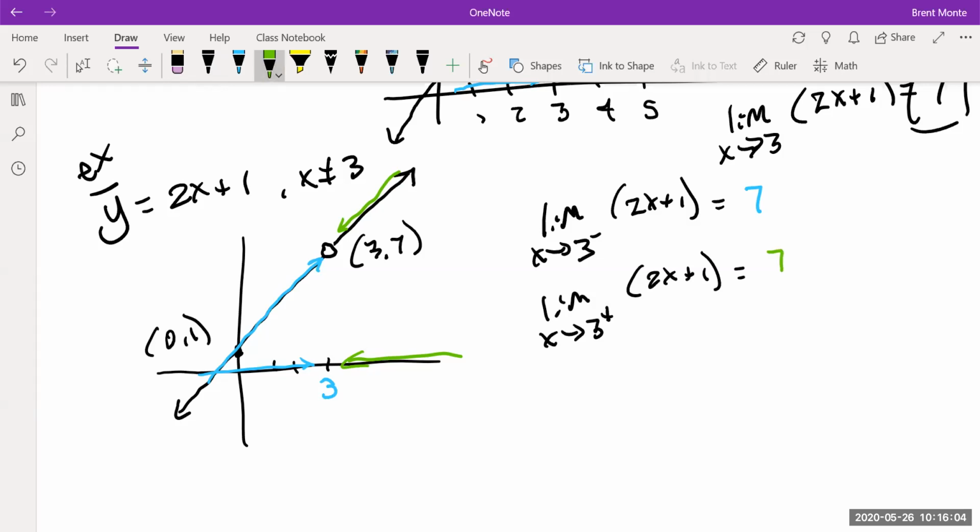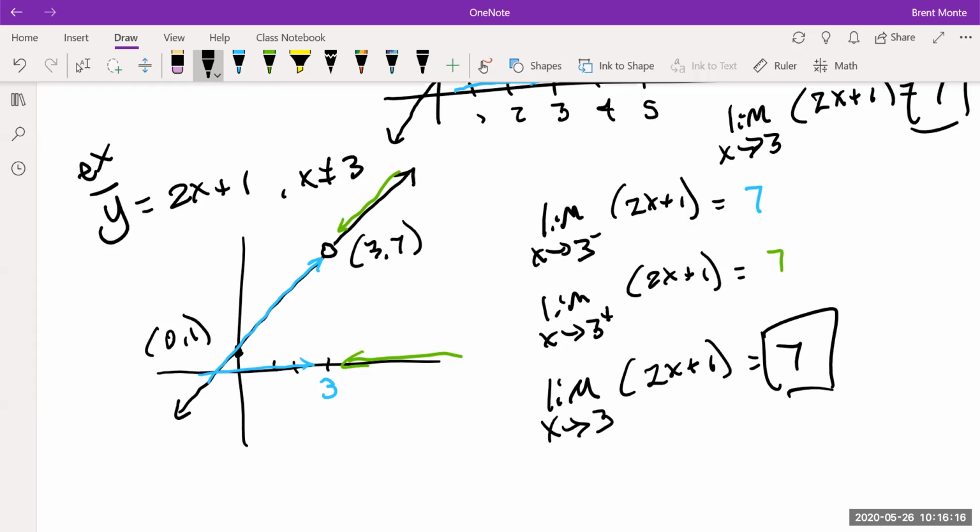So this one was the same graph as before, except it had a hole at that point of interest, x equals 3. But the limit still exists.